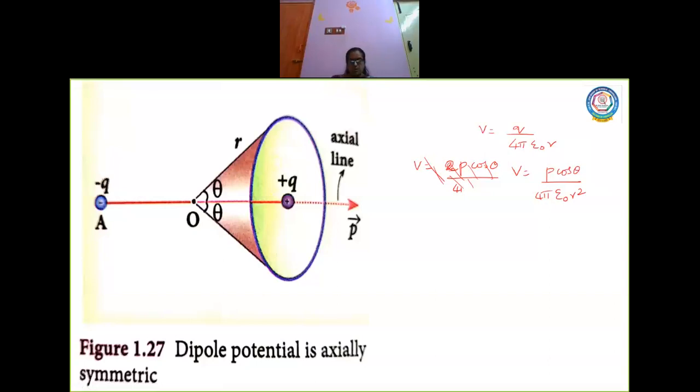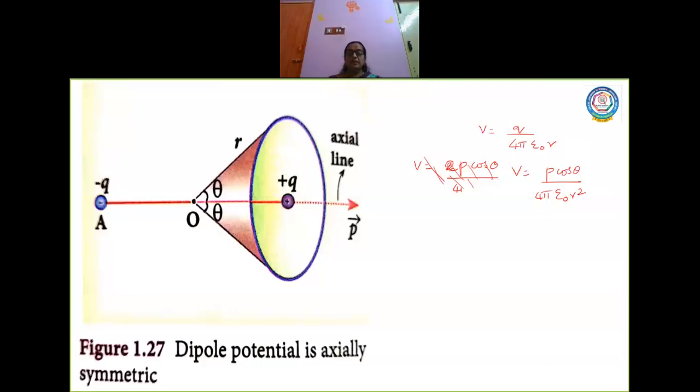So when you compare the potential due to a dipole with the potential due to a point charge, we can see that as the distance increases, the potential falls faster.